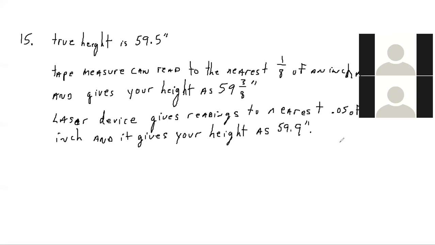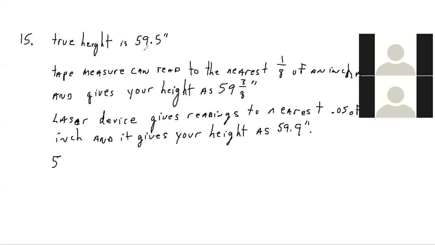First thing we're going to do is talk about accuracy, how close we are, how much it approximates true value. So we're going to look at the absolute error. Remember, that's our measured value minus the true value. The tape measure gives your height at 59 and 3/8. First I want to rewrite that as a decimal, since my true height was in terms of a decimal.